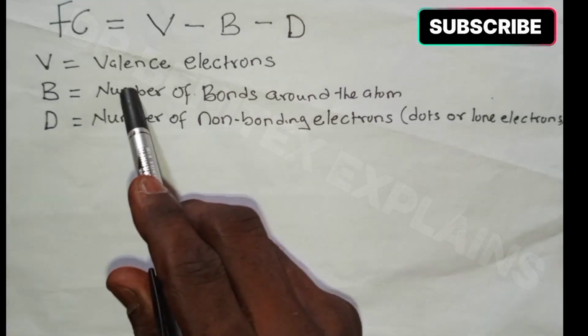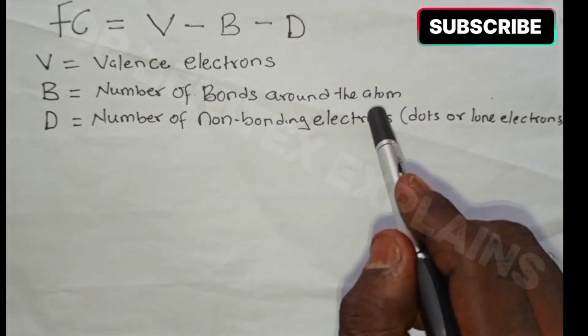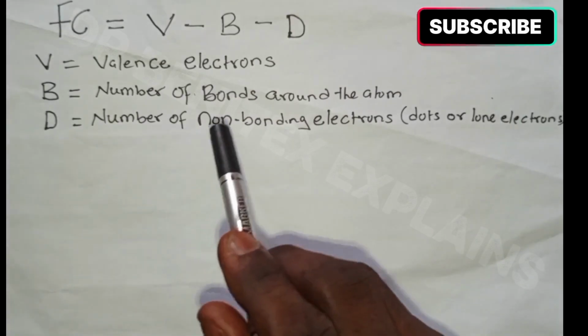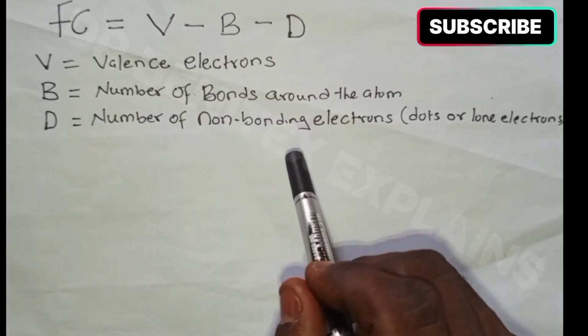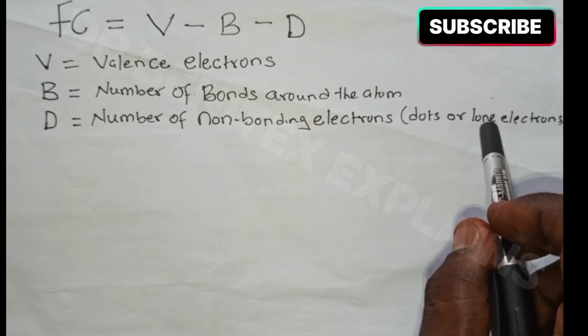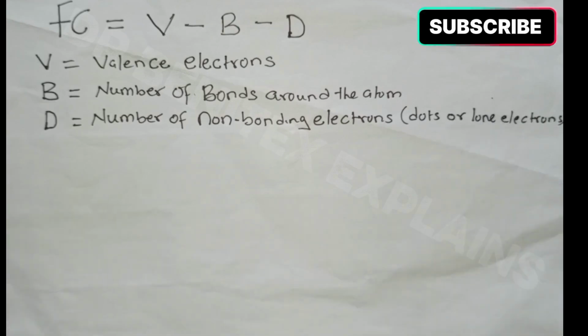B represents the number of bonds around the atom, while D represents the number of non-bonding electrons, which could also be referred to as the number of dots or the number of lone electrons around that atom. This method assumes equal sharing of bonding electrons, which is why the charge is called formal rather than real.